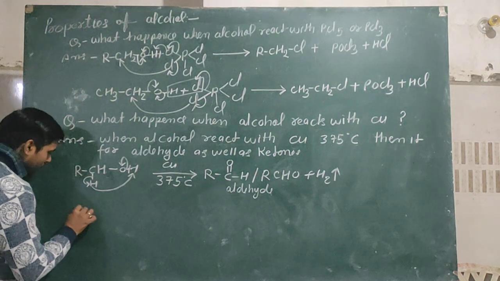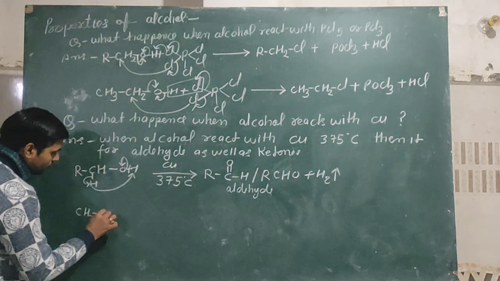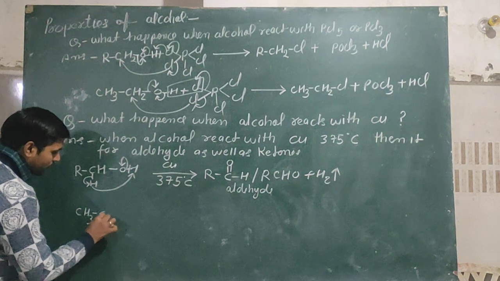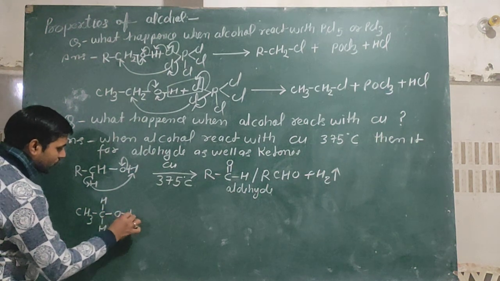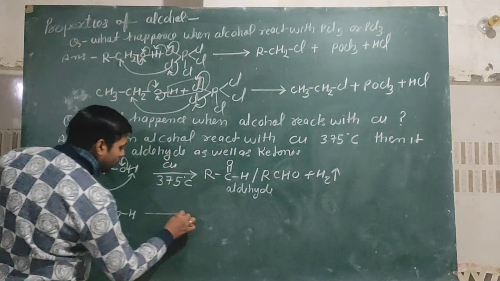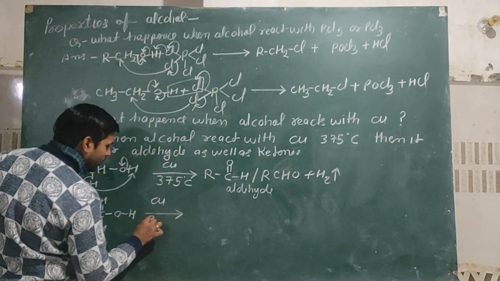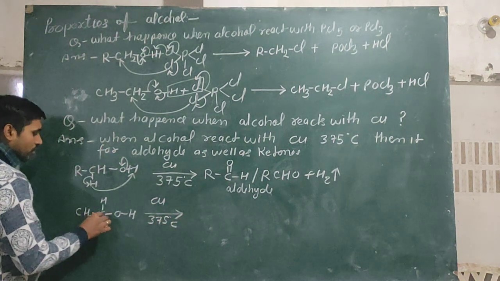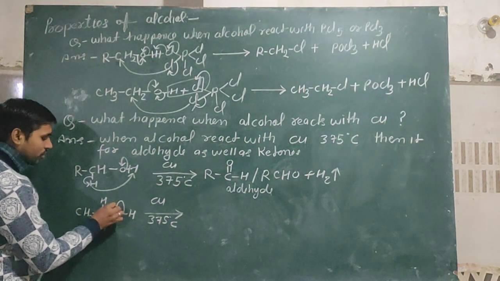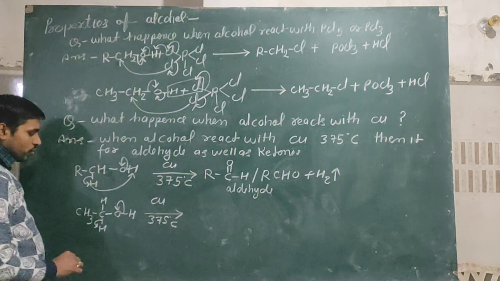You can see here CH3CH2OH. Further it reacts with Cu at 375 degrees centigrade. This bond breaks toward the oxygen atom and this breaks toward the hydrogen atom.